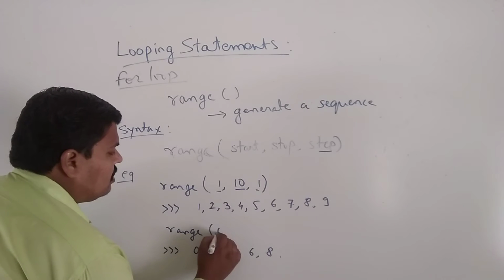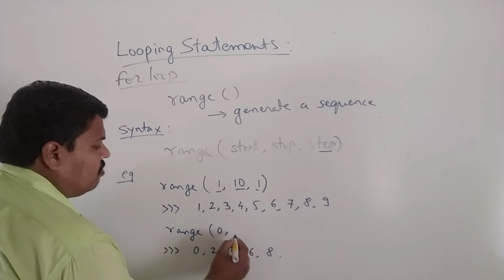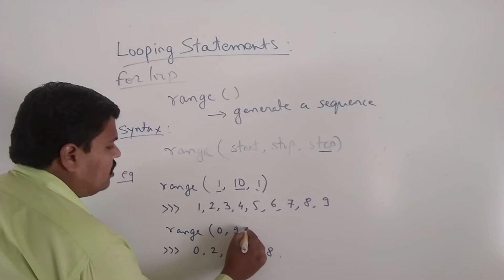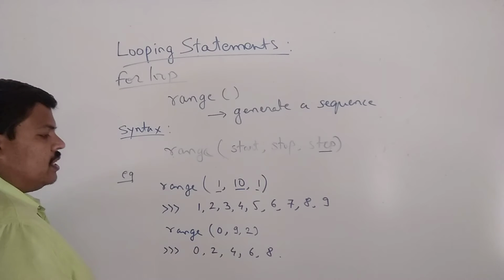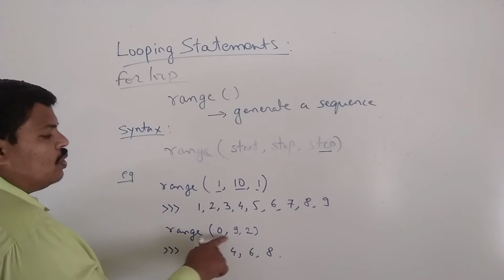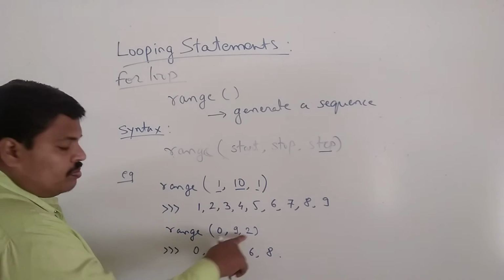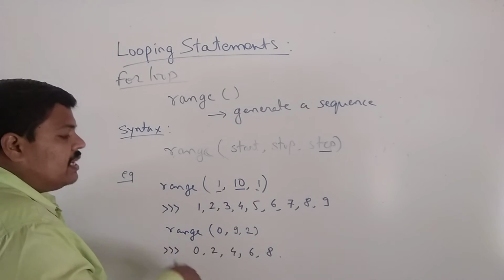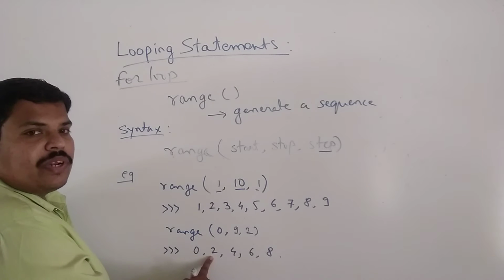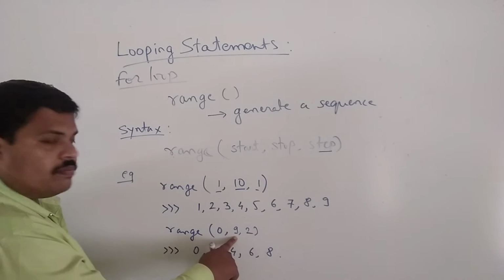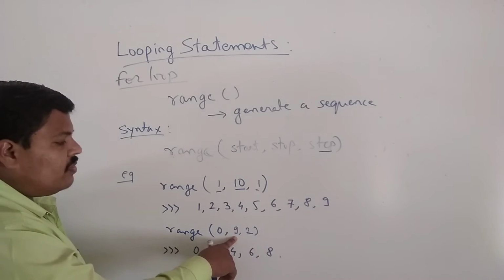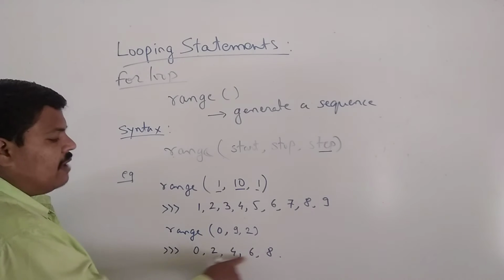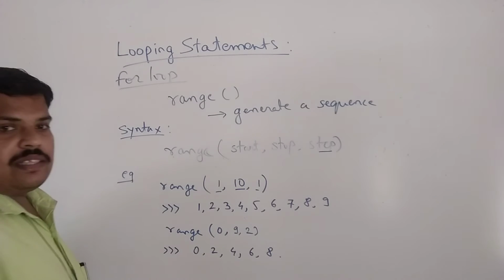Range 0, 9, 2. Very good. See, 0 to 9, step will be 2. So first is 0, then with the difference of 2, we will get all the values up till the last. So until we get this last, we will have the list like this.